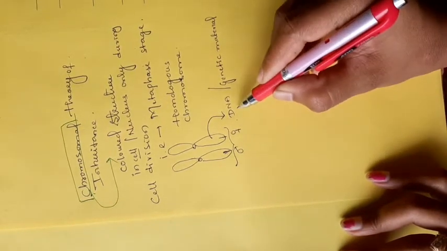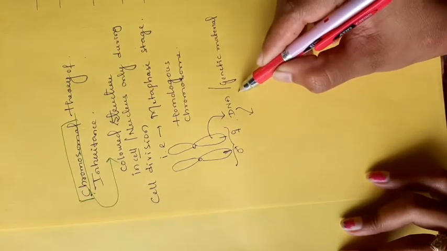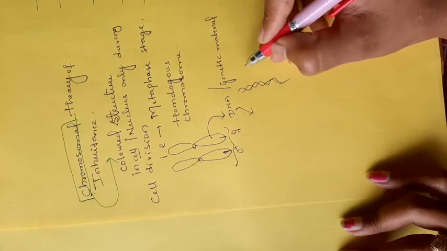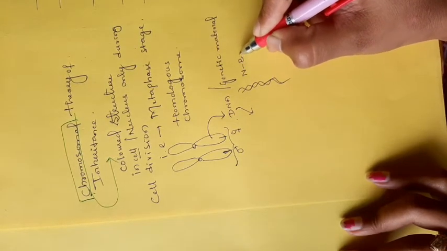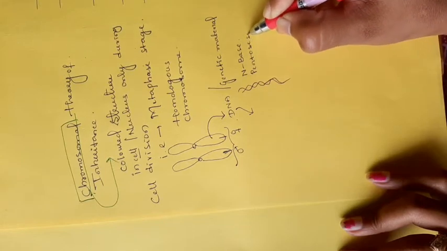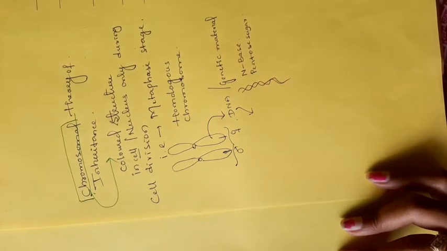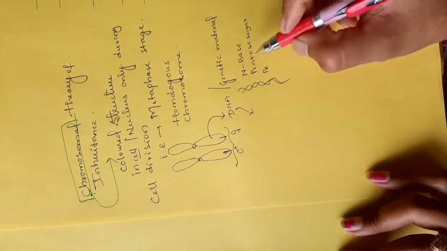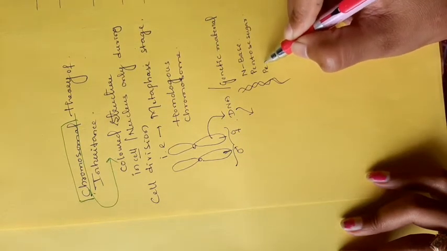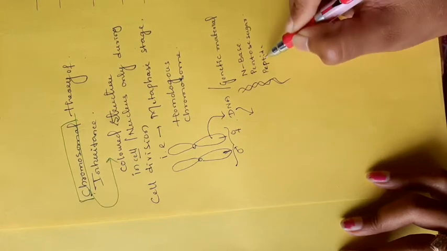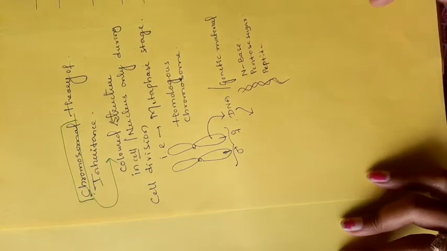The DNA is a double stranded genetic material having nitrogen bases, pentose sugar and phosphate bonds.